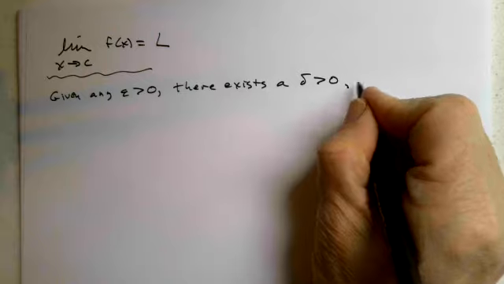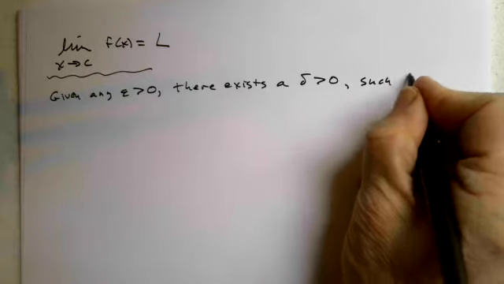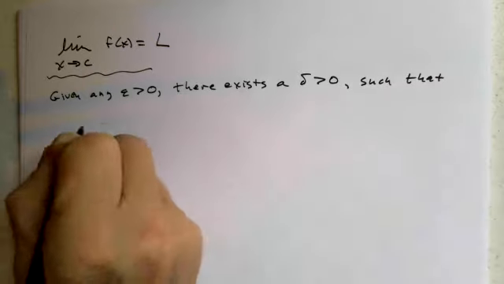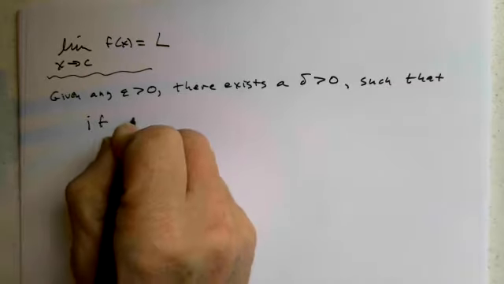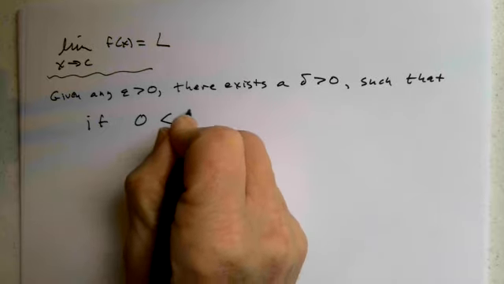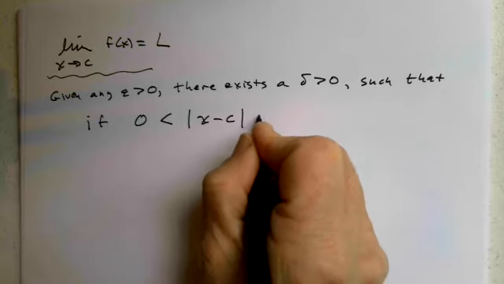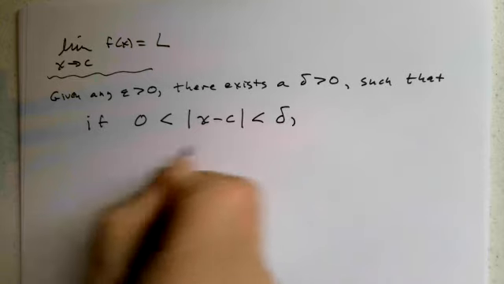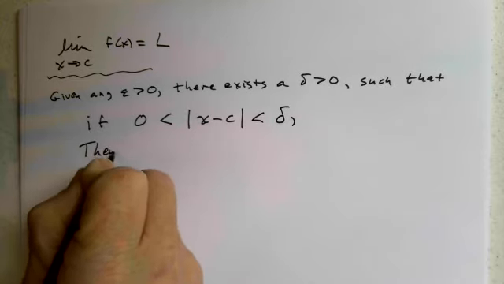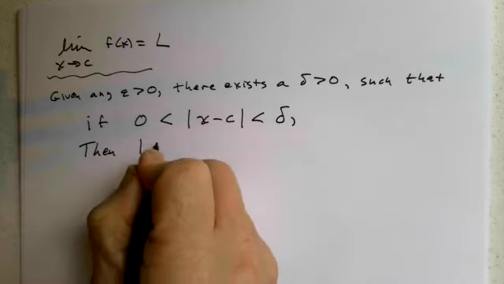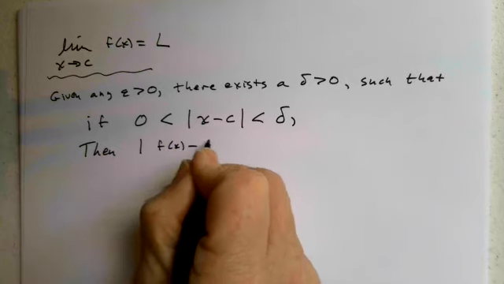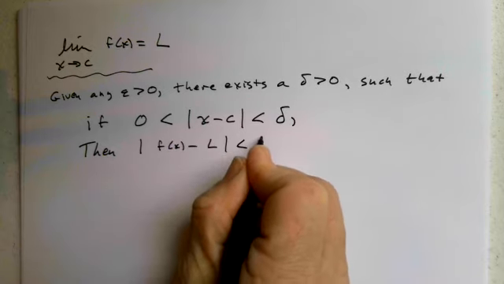Such that if 0 is less than absolute x minus c is less than delta, then absolute f of x minus L is less than epsilon.